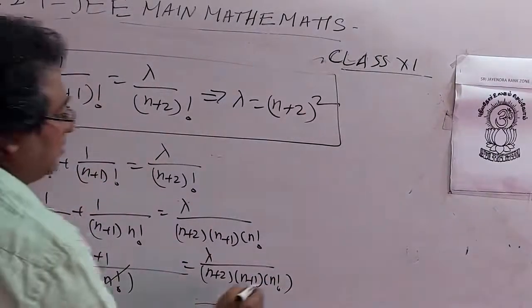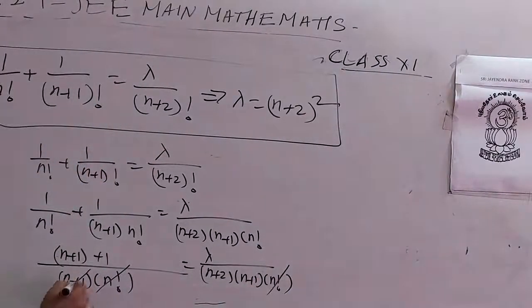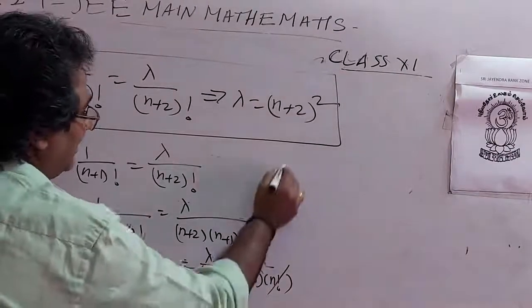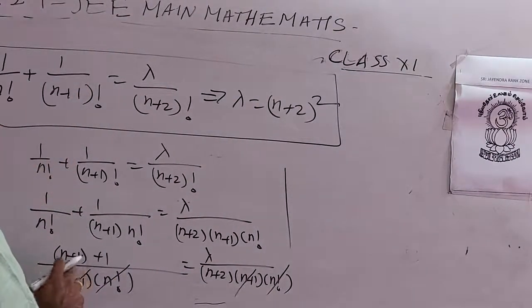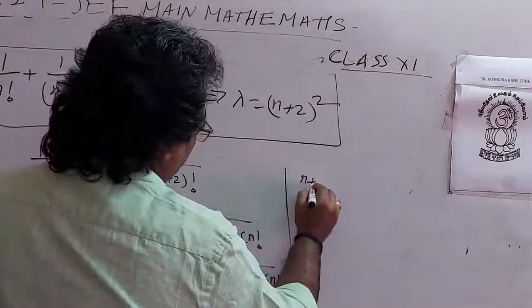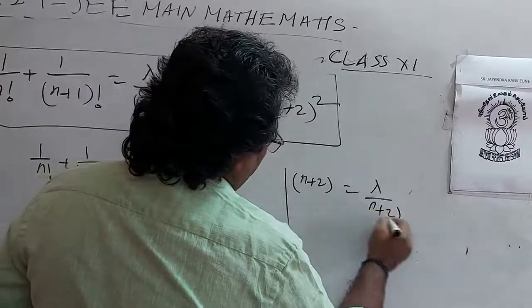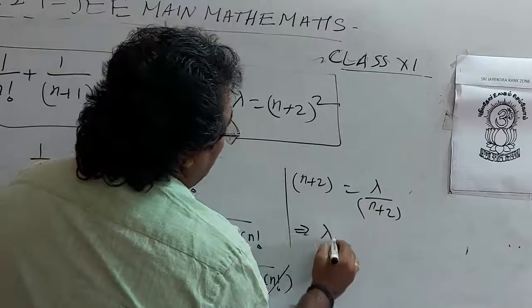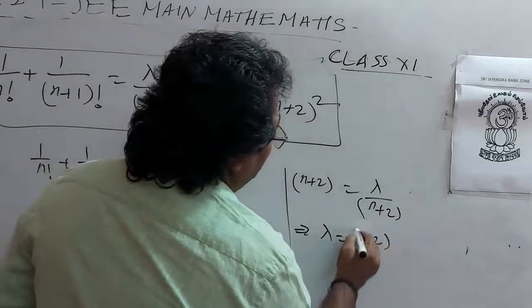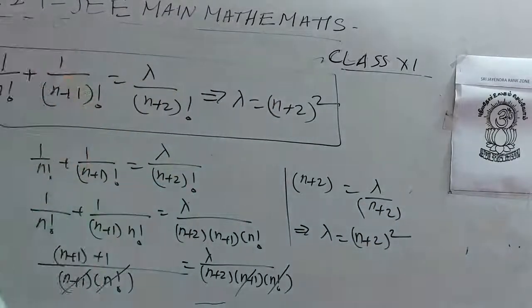The n factorial will be cancelled, n plus 1 will be cancelled. Here we have n plus 2 divided by lambda by n plus 2, which implies lambda equal to n plus 2 whole square.